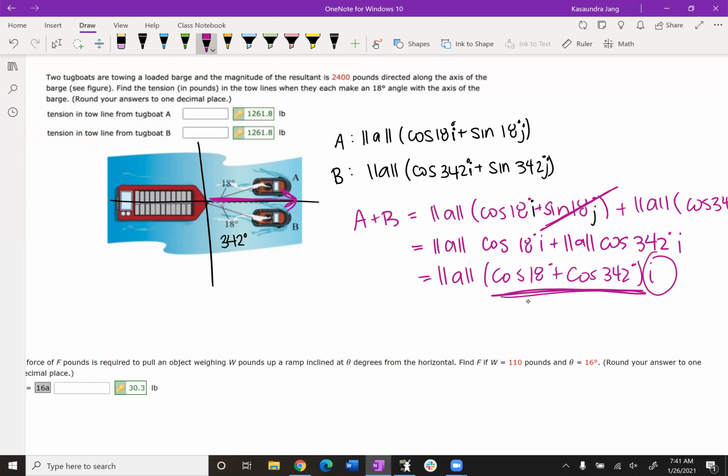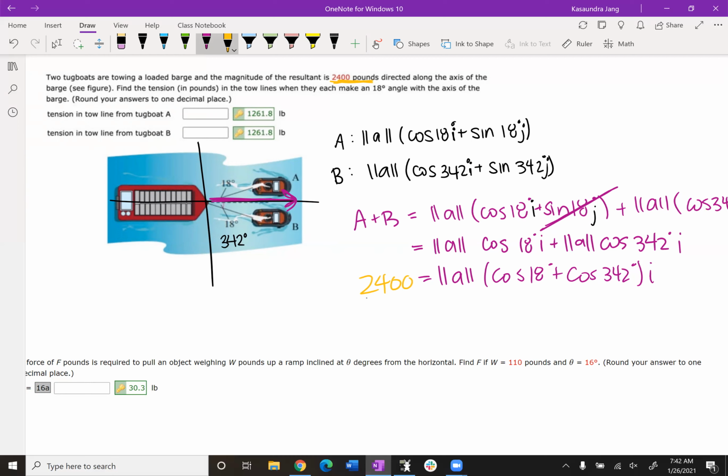I'm going to figure out what this cosine stuff all adds up to. And I do know that they said here, let's highlight this, the resultant is 2,400 pounds directed along the axis. So this magnitude here should be 2,400. So I'm going to make my A plus B into a 2,400.